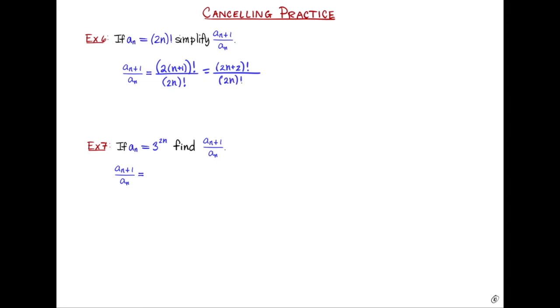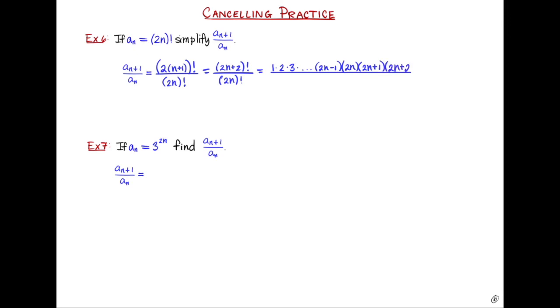And to cancel out, let's start writing it out longhand. In the numerator, we have 1 times 2 times 3 times, all the way up to, we'll write out a couple of the n terms here so we can see what cancels. So we'll start with 2n minus 1. The next term we add 1, so 2n minus 1 plus 1 is 2n. 2n plus 1.